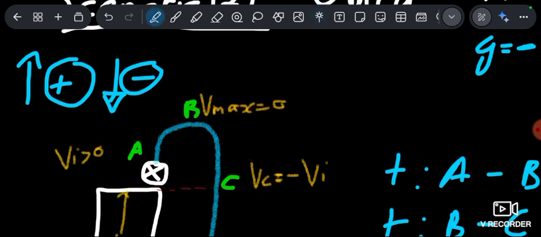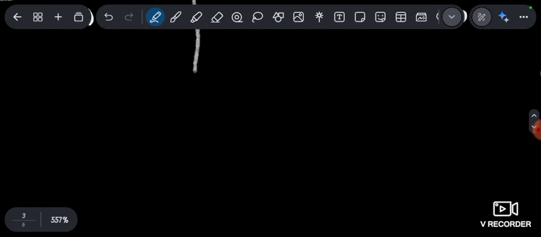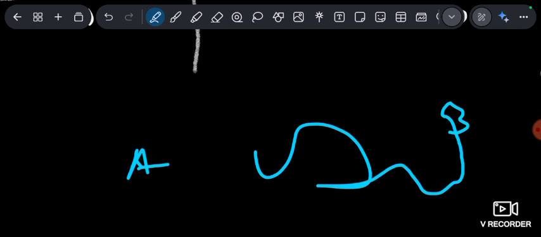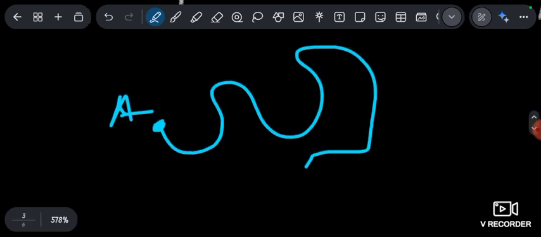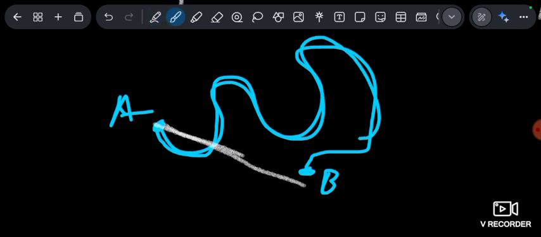Now, we spoke about displacement, and I gave you an example where you go from A, which is this point, all the way to point B. I said that the distance is where the curve is over there, but the displacement is from point A to point B in a straight line.